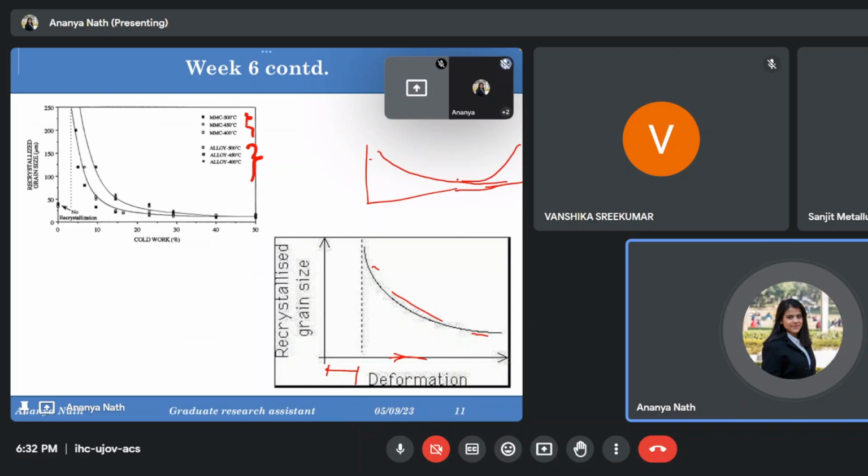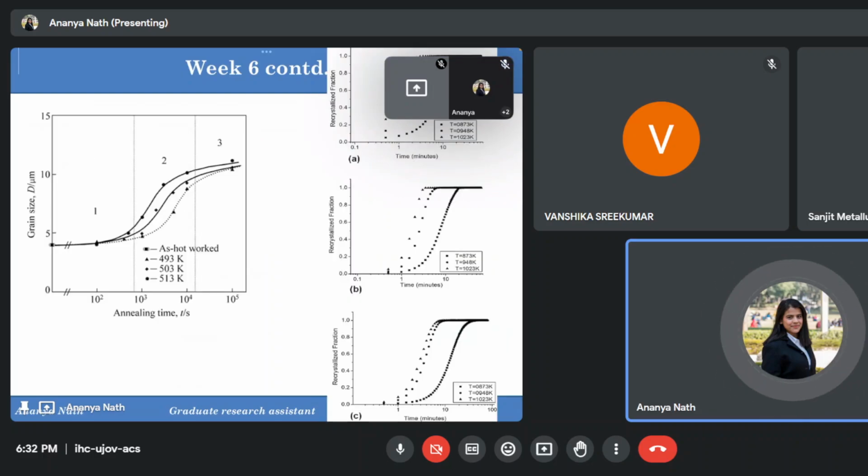For an MMC of the same material, we are again getting different points. So for the solid atom interference, environmental interference, and the cold working, all depending upon the process parameters and their interaction with each other, we are getting different types of results. So next is this one.